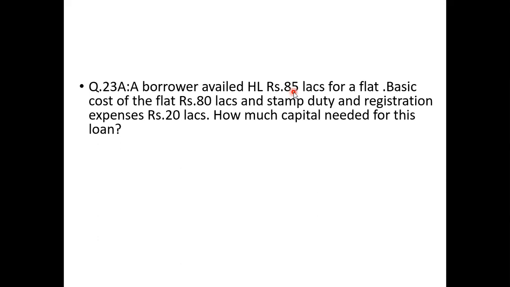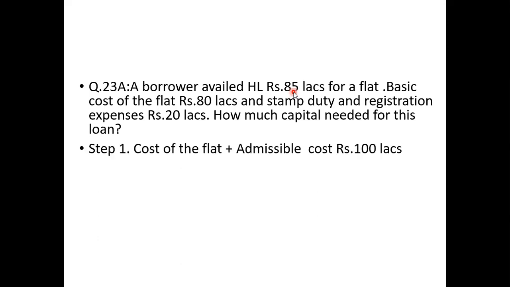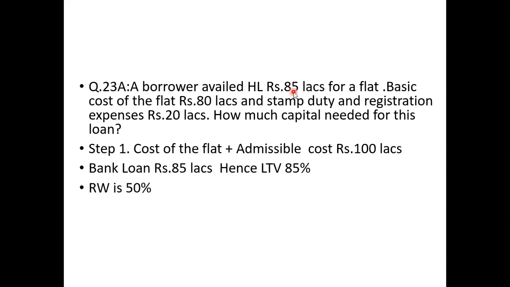Agreed or not? Now risk weight is 50%. Risk weight you have to calculate indirectly. The question is, flat value 100, but you are given 85 lakhs. So that means LTV is 85%, so the risk weight is 50%. If the LTV is less than 80, 35%. Only two slabs in housing loan.